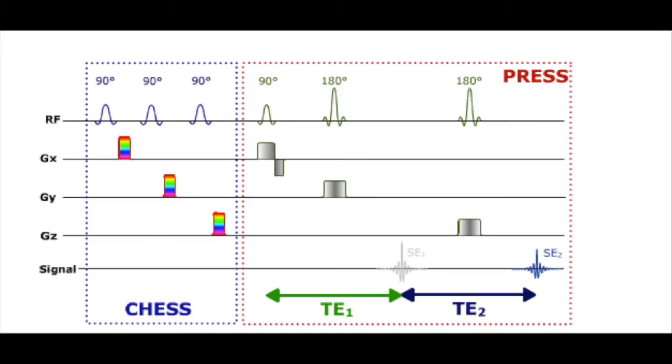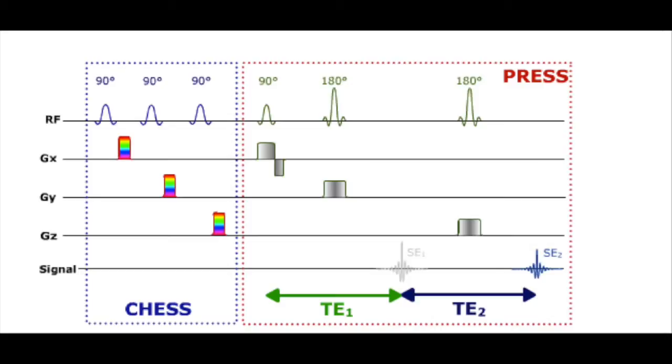That single voxel is passed through some sequence: STEAM (stimulated echo acquisition mode) or PRESS (point resolved spectroscopy) is used afterwards. None of these sequences include a phase encoding gradient or a data acquisition gradient, since the imaging includes only a voxel, not a volume.